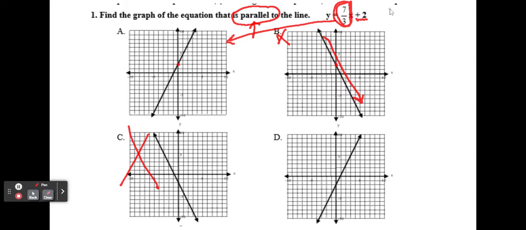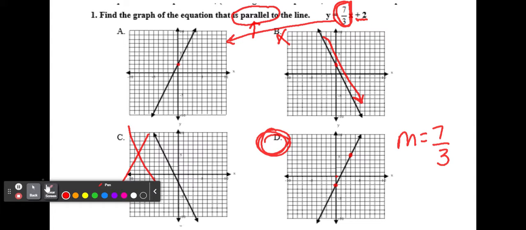I need the same exact slope, 7/3. So if I'm here, 1, 2, 3, 4, 5, 6, 7, 1, 2, 3. This does have a slope of 7/3, and it has a different y-intercept, and that makes D parallel. Okay, so that's how that one worked.